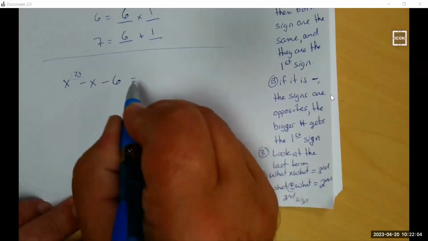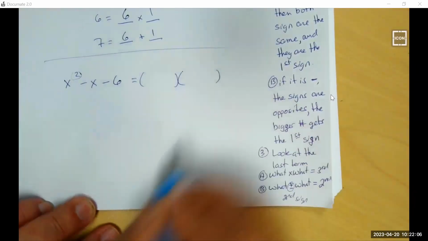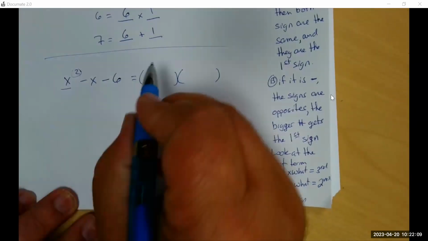Okay, we know we have two solutions. So it's going to be like that. What makes X squared?